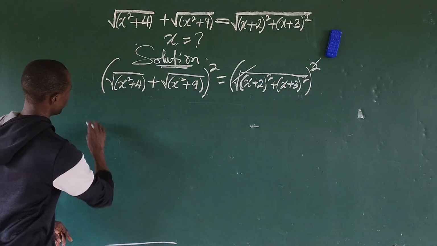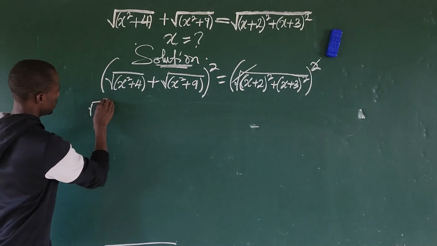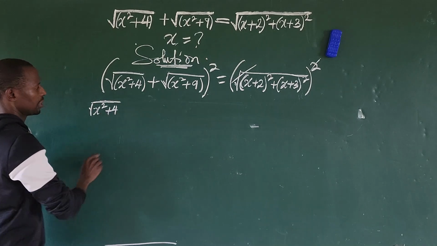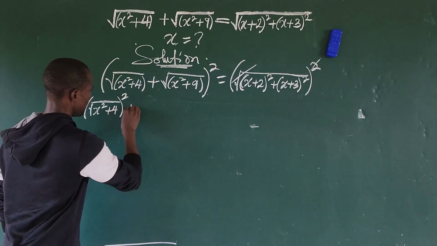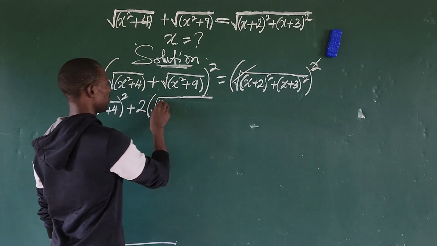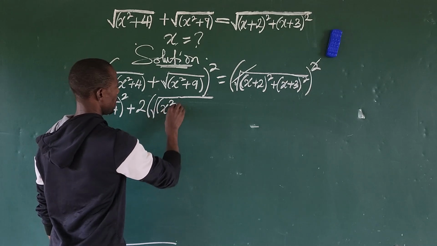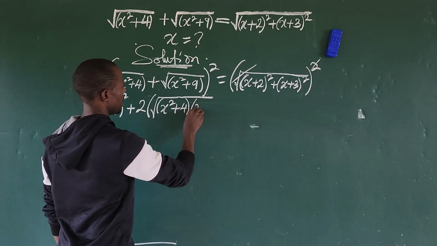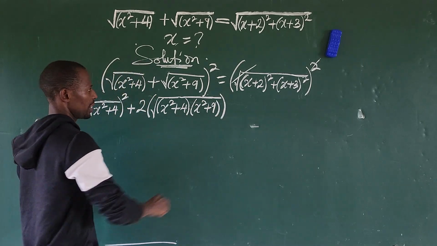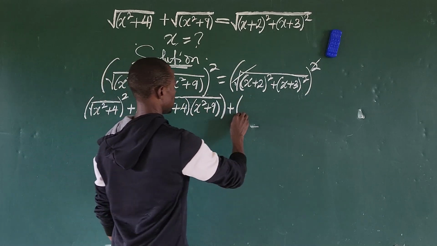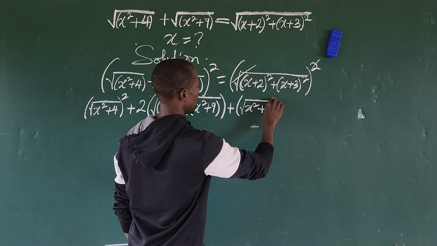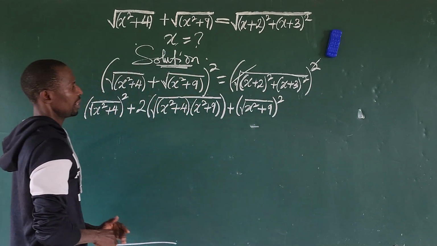So this is going to give us the square of the square root of (x^2 + 4), squared, plus the product of the 2, which is the square root of (x^2 + 4) times the square root of (x^2 + 9), plus the square of the square root of (x^2 + 9), squared.